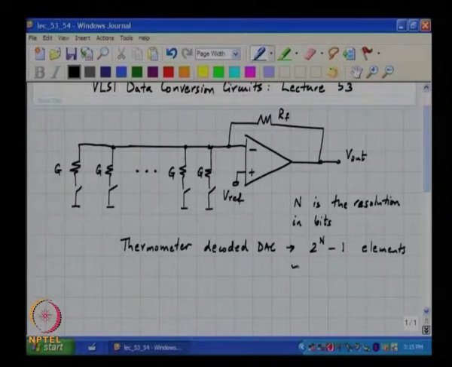For large n, you can approximate this as 2 to the n elements.